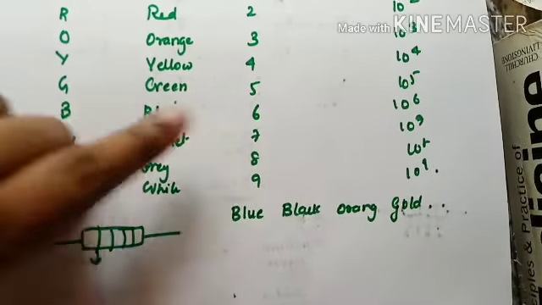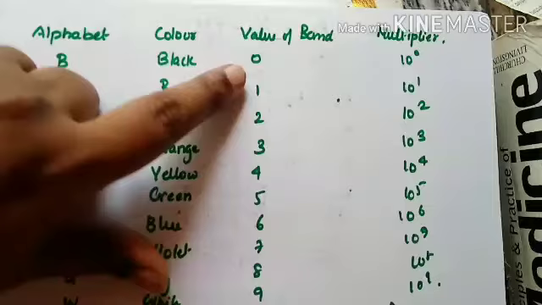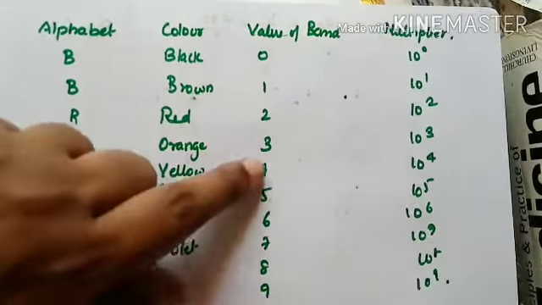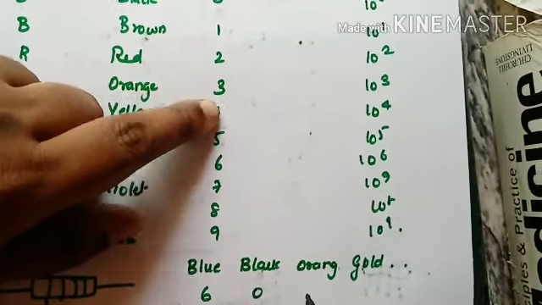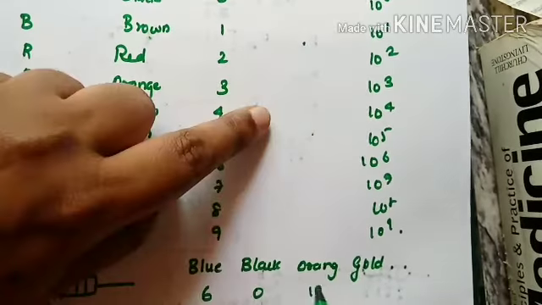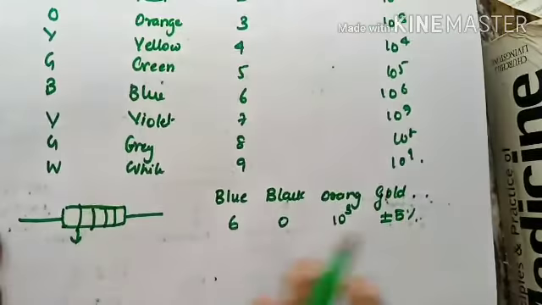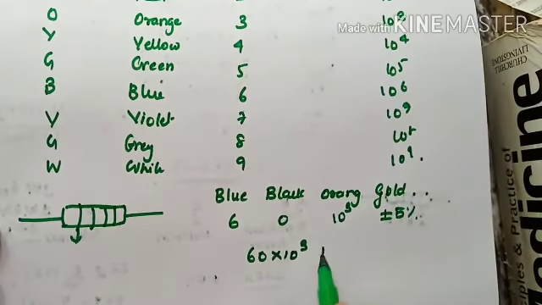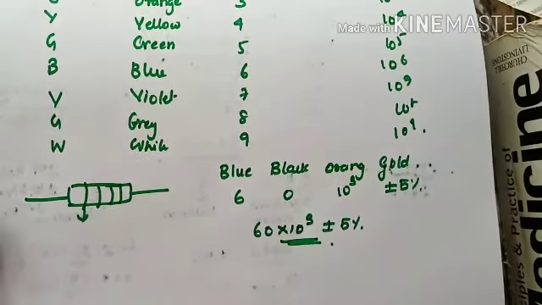So blue is 6, black is 0, orange is 3, but the third one is for the multiplier, so the multiplier is 10 to the power 3, and gold is plus or minus 5%. So the actual value of this resistor is 60 into 10 to the power 3 plus or minus 5%. I hope it is clear.